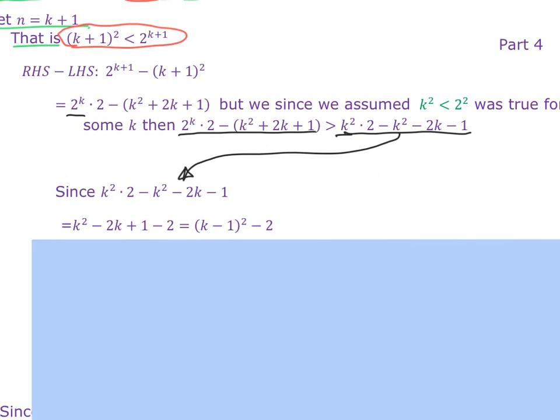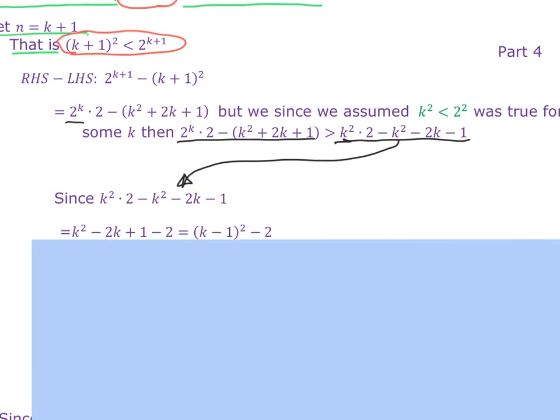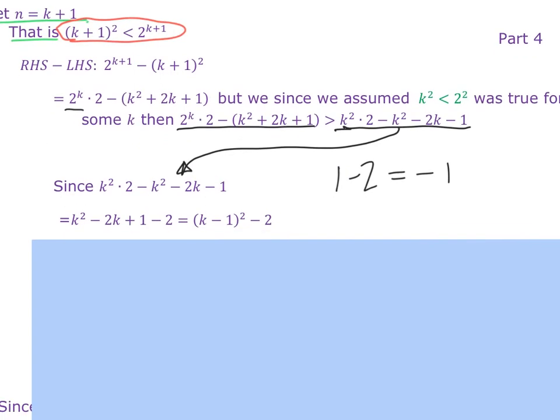That's the same thing as k squared minus 2k plus 1 minus 2, because we know that 1 minus 2 is negative 1 all day long. The reason I'm doing that is it allows me to go ahead and factor this part, right? So I'm going to factor that part, and there's a reason why I'm doing that.